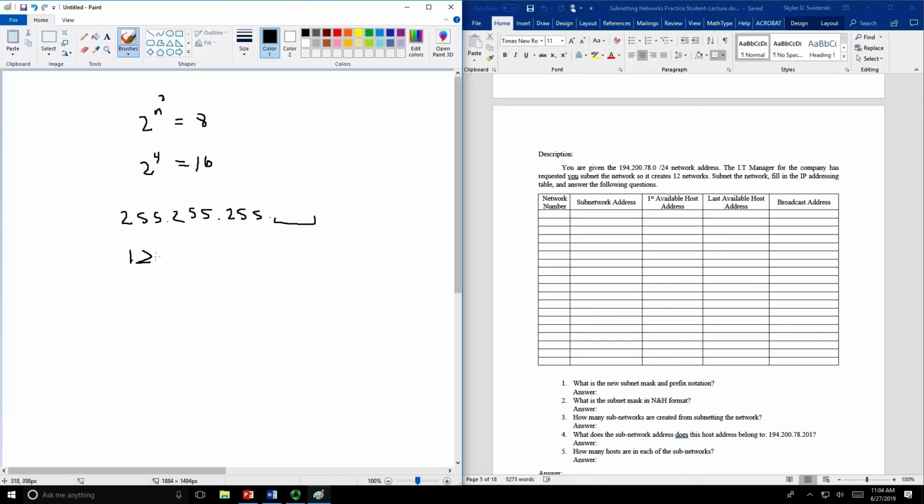So we took 128, 64, 32, and 16. And that is going to be 240. And remember, again, whatever the decimal number is here, that will be the last subnetwork address.